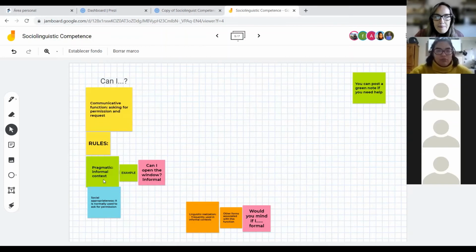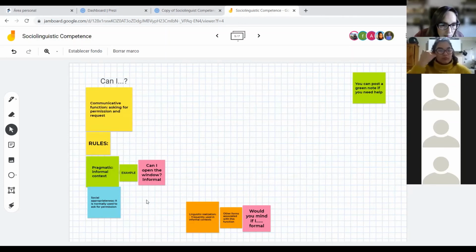We wrote that because there are other ways to ask for permission and request. So maybe this can be considered an informal function. Yes, either informal or at least neutral, right? It is not the most formal way to ask for permission or a request, right? But it is okay, very good.